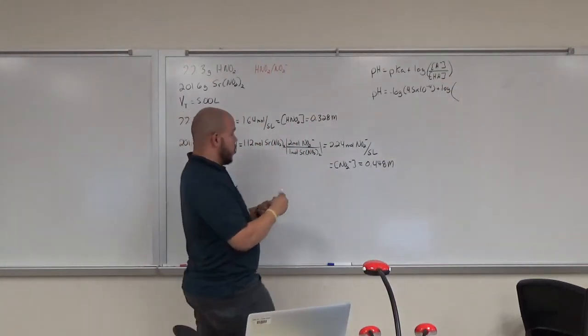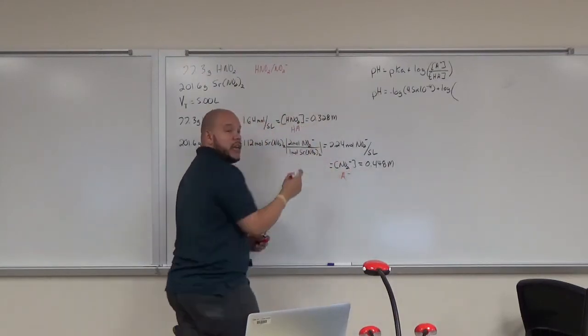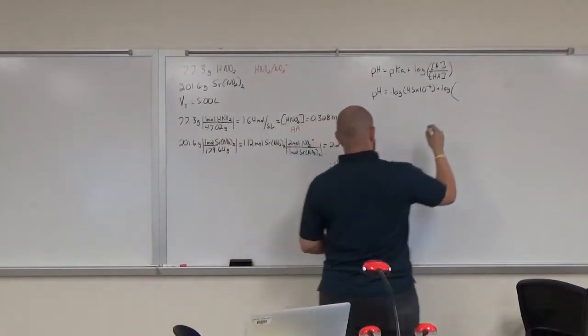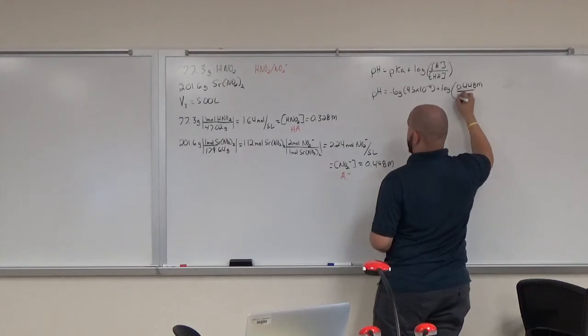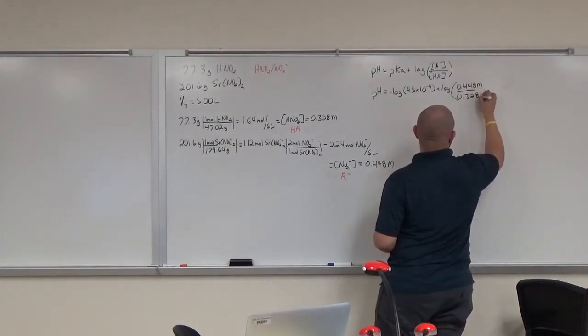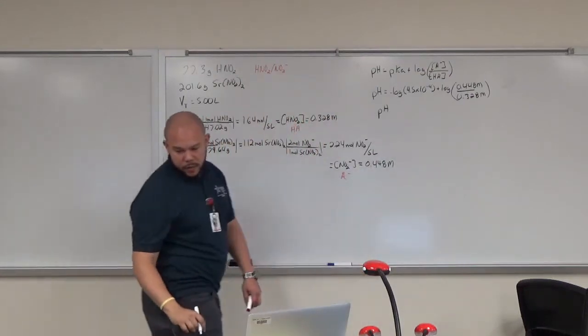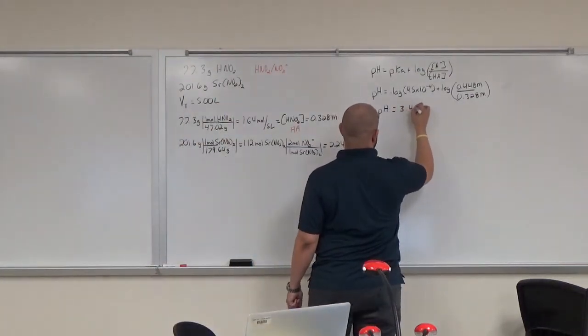In this case, this is A minus, and this is HA. Shouldn't be any confusion there. And therefore, we have 0.448 over 0.328. And once you plug this in the calculator, you end up with a pH equal to 3.48.